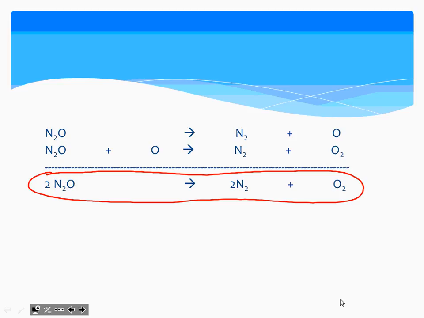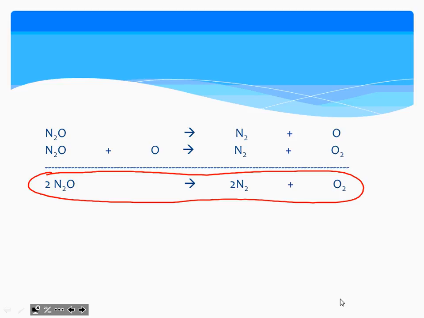So does my balanced chemical equation tell me anything about the reaction mechanism? Does it tell me how many steps it took to do that? No. It doesn't tell you anything about the reaction mechanism. All it tells you is reactants and products.